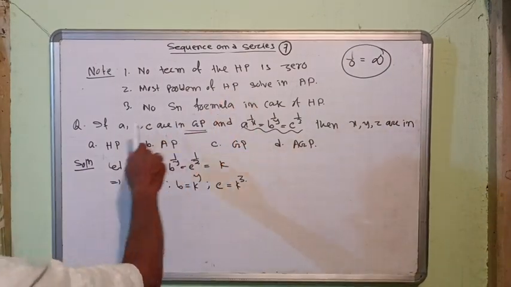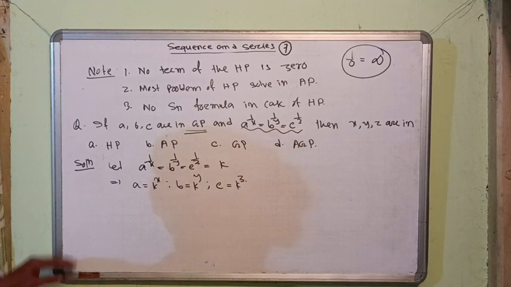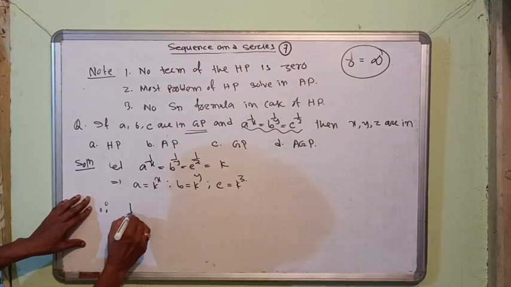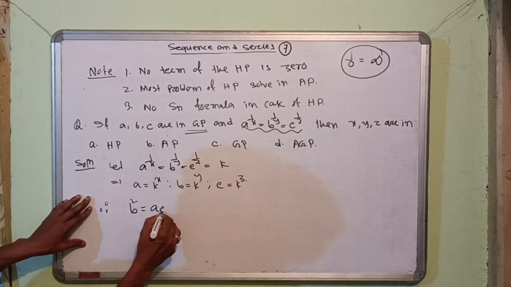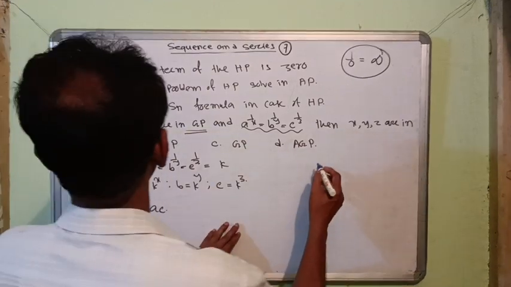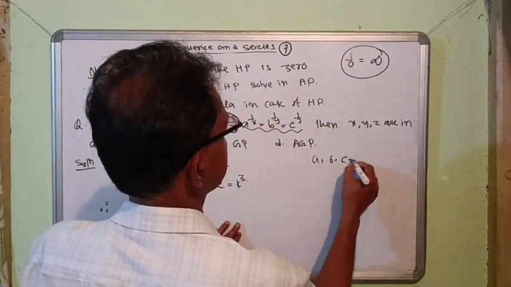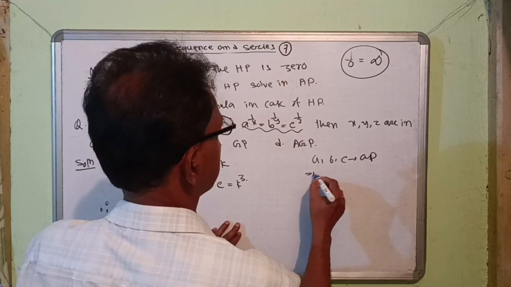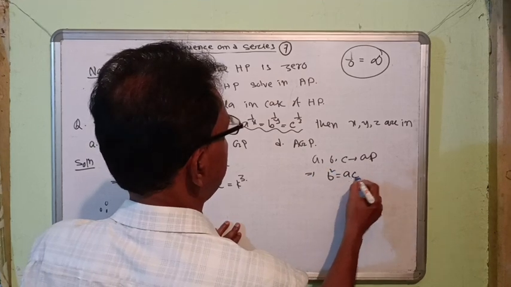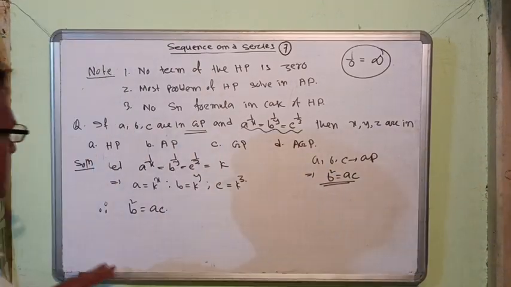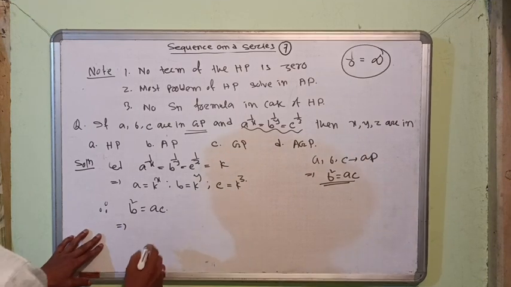Since given that A, B, C are in GP, therefore we get B square is equal to AC. See, that is the condition of A, B, C in GP, B square is equal to AC. Therefore we get B square is equal to what?